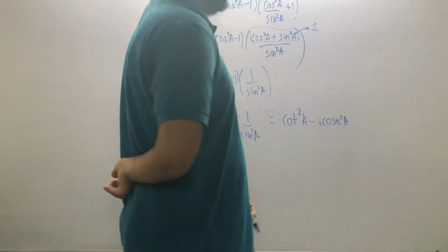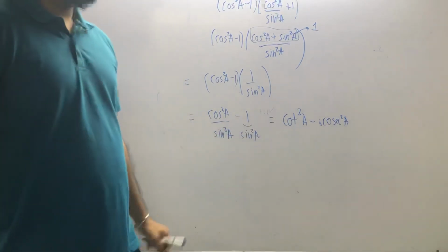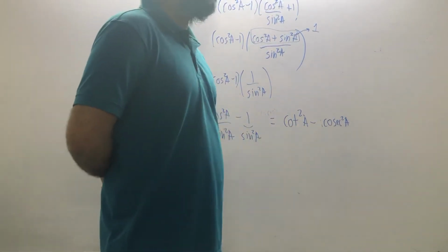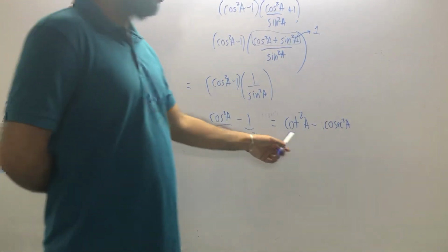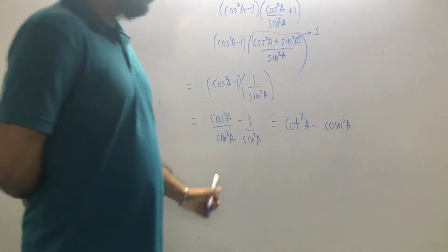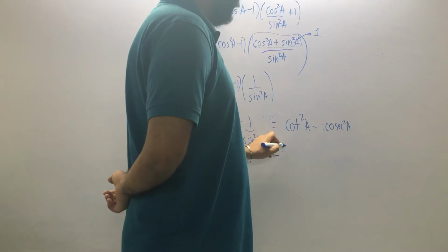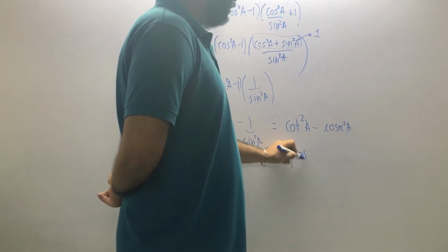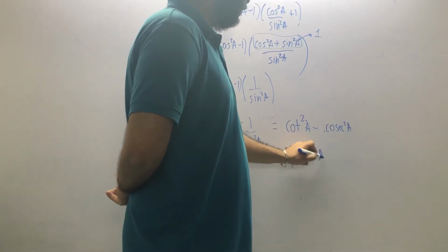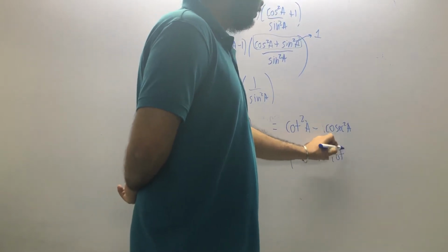Okay, now look carefully. Are you seeing an identity here? You all have studied that identity, cosec square a minus cot square a is equal to 1. But this is cot square a minus cosec square a. So what you can do is take out minus 1 common. This will become cosec square a minus cot square a.